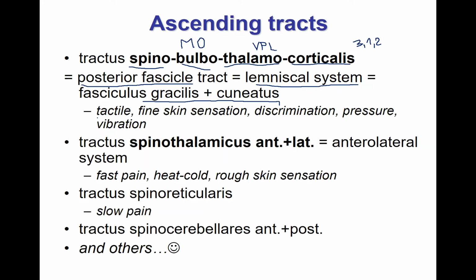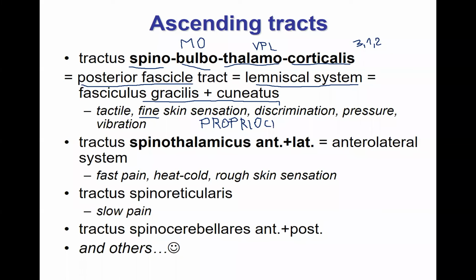What does it transmit? Fine touch, which is one important information, and proprioception. Oh, I'm sorry, I'm missing proprioception here. So these two kinds of information come. Proprioception comes from the muscle spindles and gives you information about the tension of the muscle spindles.